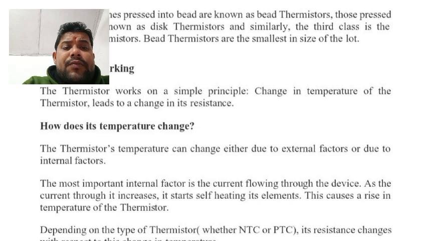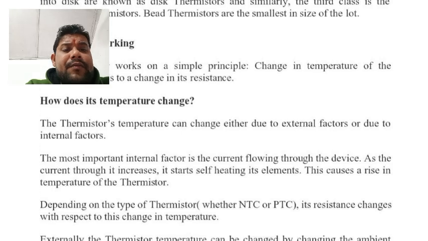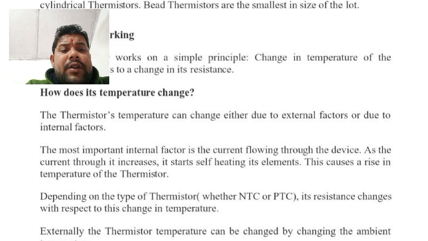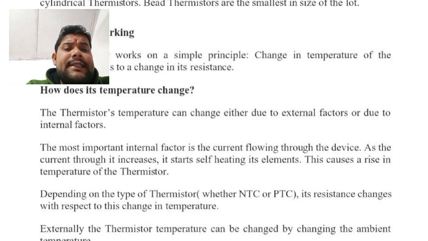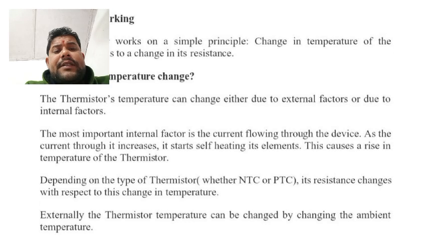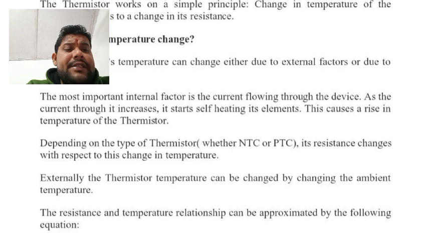The most important internal factor is the current flowing through the device. As the current through it increases, it starts self-heating, and this causes the temperature of the thermistor to rise. So depending on the type of thermistor, either NTC or PTC, its resistance changes with respect to the change in temperature. Externally, the thermistor temperature can be changed by changing the ambient temperature.